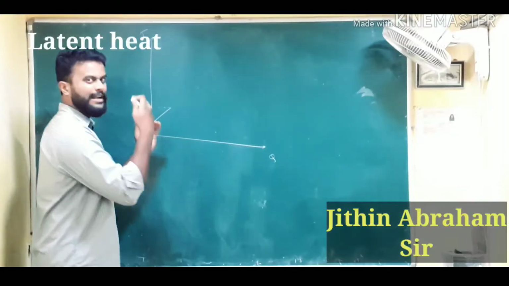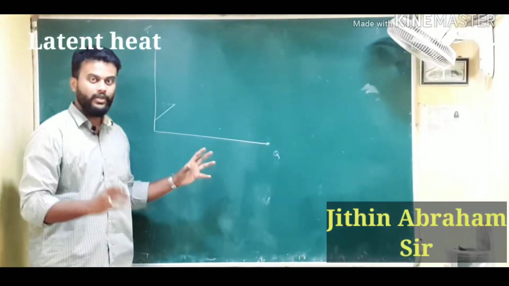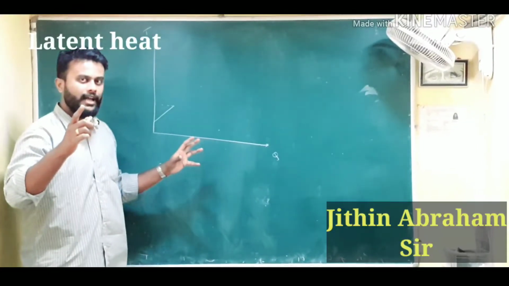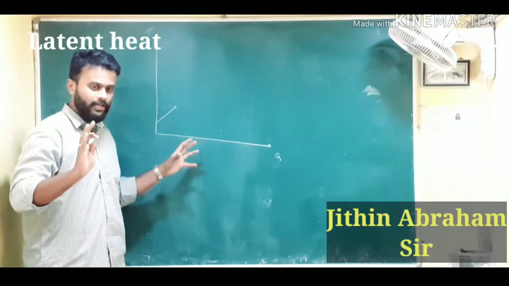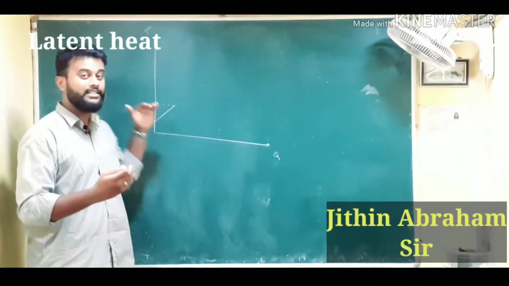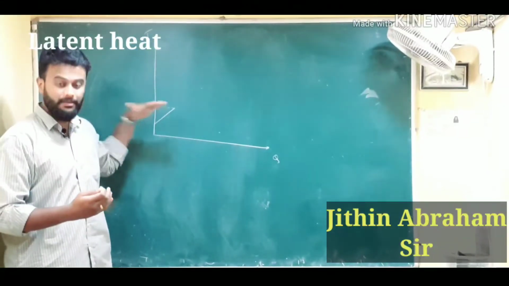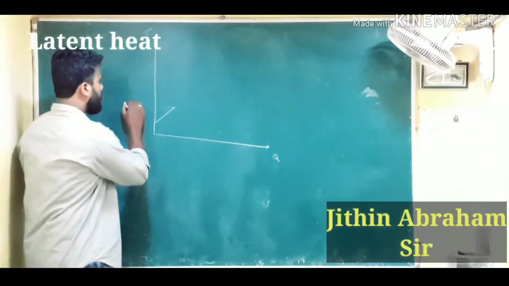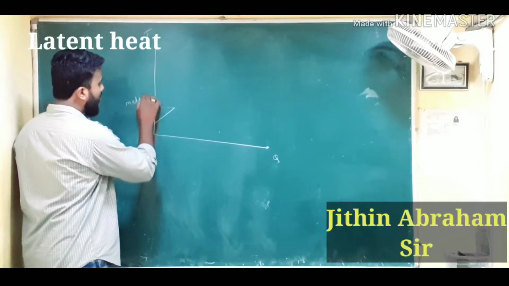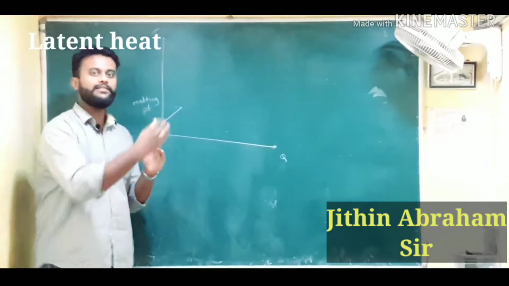When it reaches its melting point, you are still heating, but at the melting point it melts, it converts from solid to liquid, but its temperature is not rising. It remains constant.